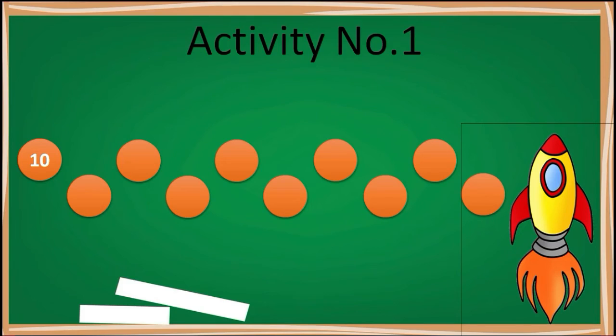What number is in the second bubble? 9. That's good. Now, in the next bubble, we will write 8. Okay, children, now you have to complete the bubbles by writing backward counting.